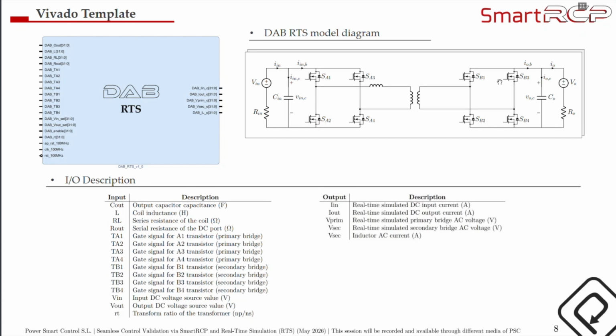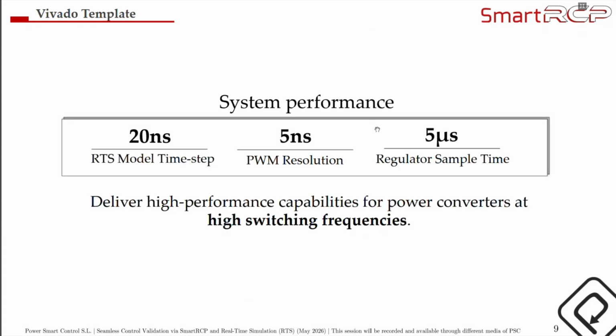All the simulation parameters, the inductance, the capacitance, the turns ratio, etc., can be modified in real time from the user interface in order to make variations or to adapt the model to the real converter. The outputs of this IP core will be the input and output current, the AC voltage imposed by the primary and the secondary bridge, and also the AC current that flows through the inductor.